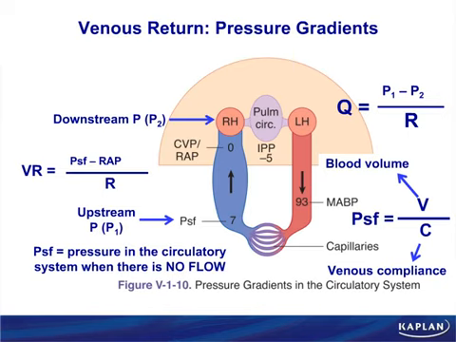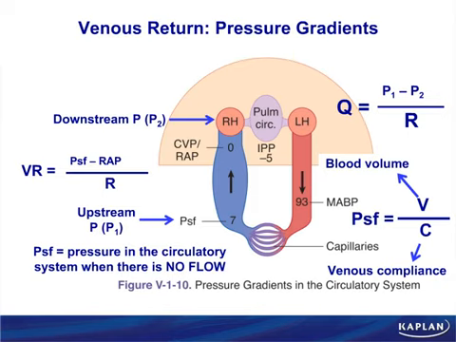Now, mean systemic filling pressure is a pressure when there's no flow. So if there's no flow, we're not thinking pressure flow resistance to determine PSF. Instead, we're thinking volume and compliance. All right, segregate those out in your mind. PSF is that pressure when there's no flow.